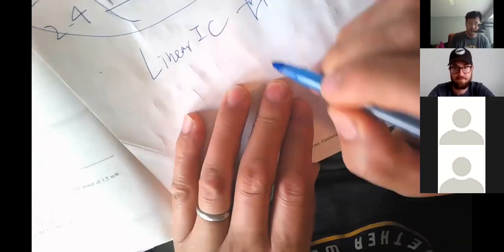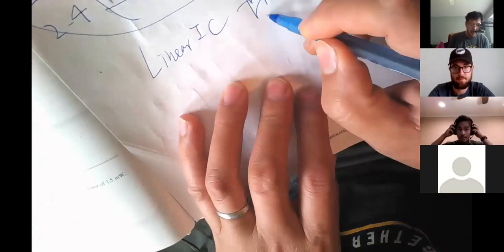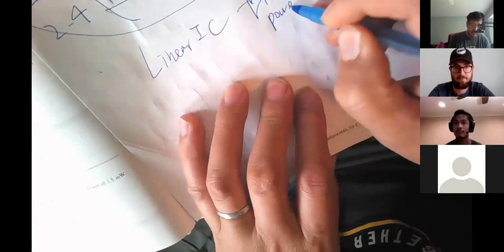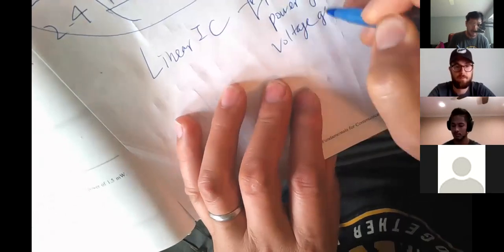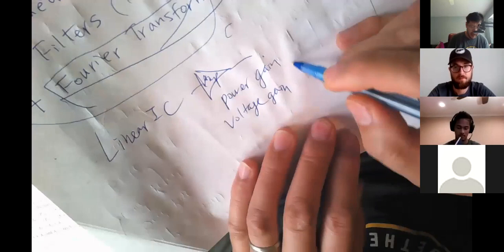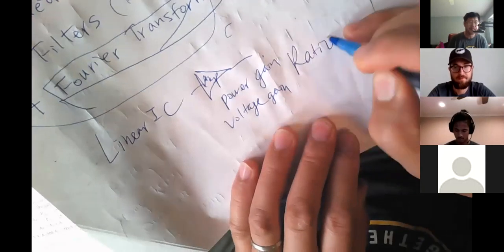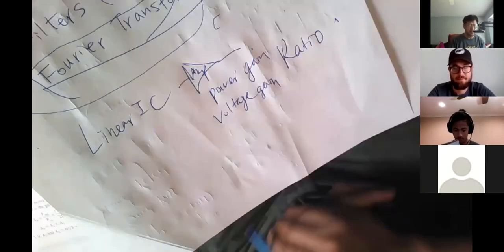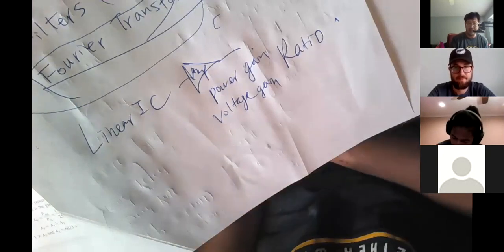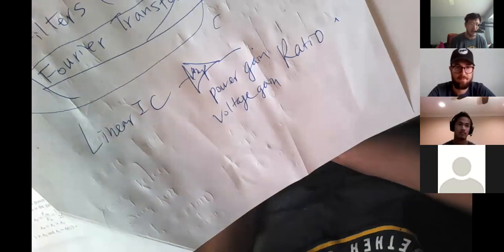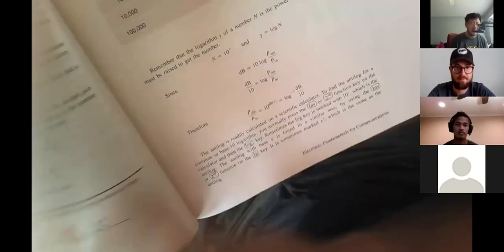So with amplifiers, we can calculate the power gain or voltage gain. Both are in ratio. And it turned out we are more interested in another way to measure the gain, called the decibel. So what is exactly a decibel? Well, this table tells you the relationship between the ratio and the decibel.